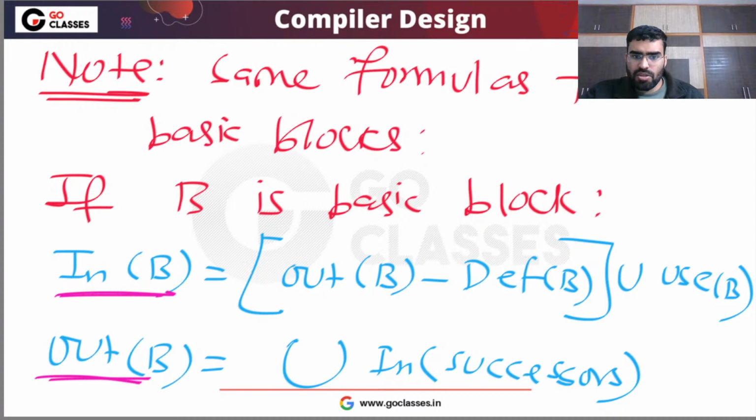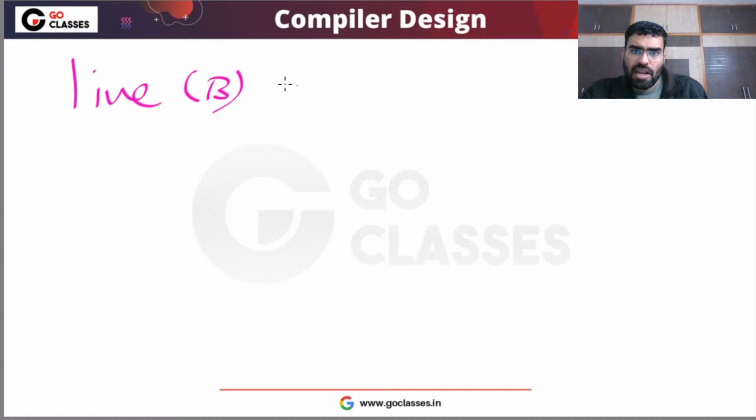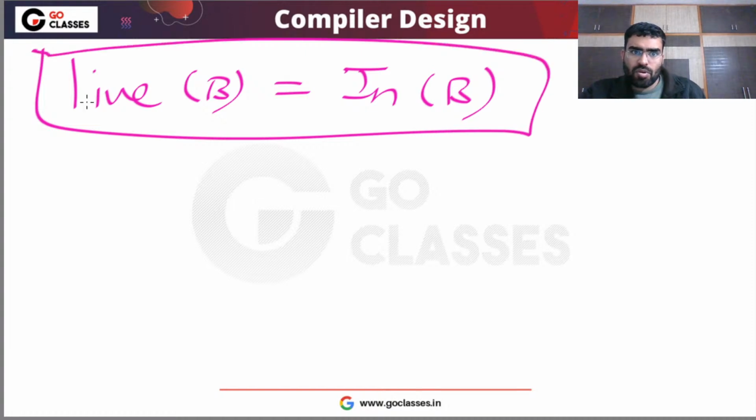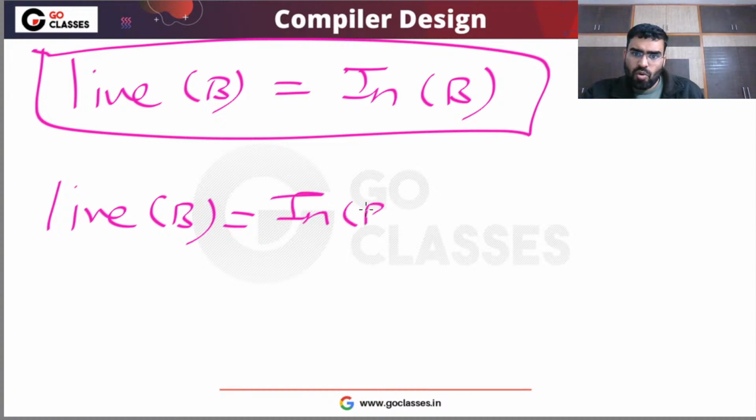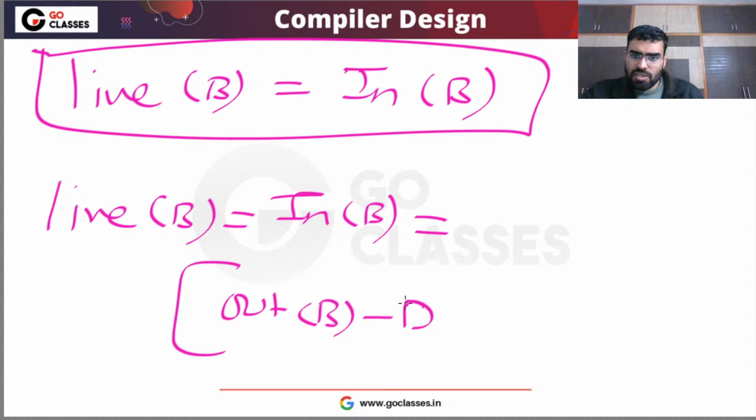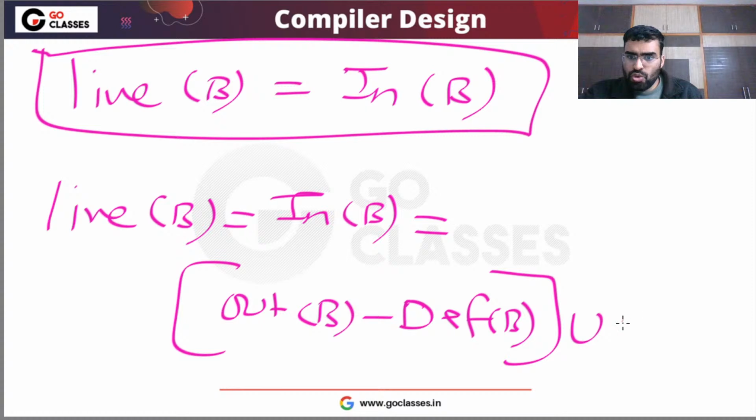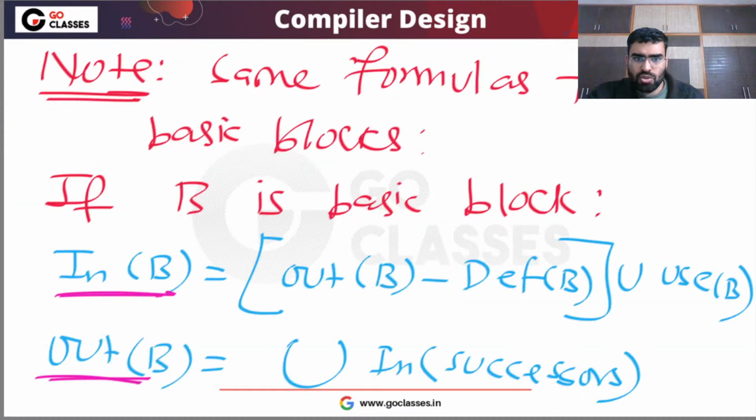Live of a basic block is the same as in of the basic block, that is out of the basic block minus what you are defining in the basic block, union what you are using in the basic block. This method is going to save you a lot of time. Now the same question you can solve using this method.